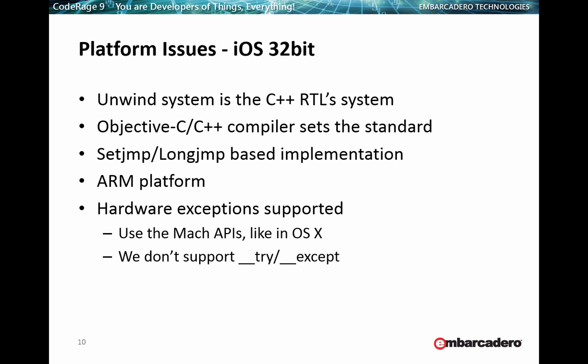The setjmp/longjmp implementation, I'm not sure why Apple chose it. It may have been concerns about space, because it is actually smaller to implement a setjmp/longjmp implementation rather than a PC map scheme. With a PC map scheme, you have to have detailed unwind information for each stack frame, and you have to have a large PC map for the application.